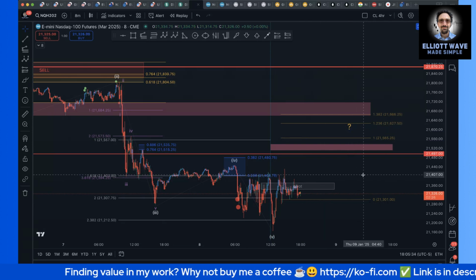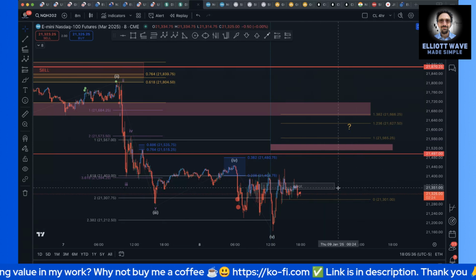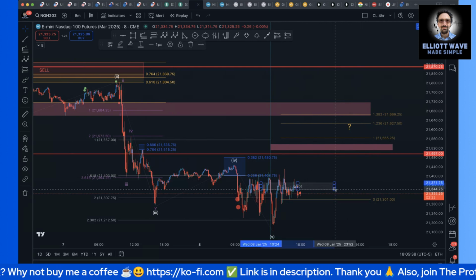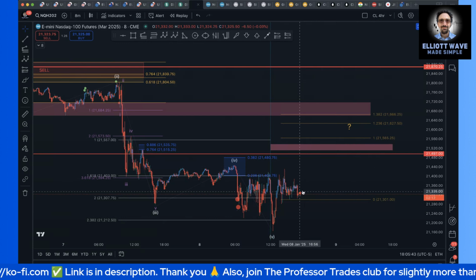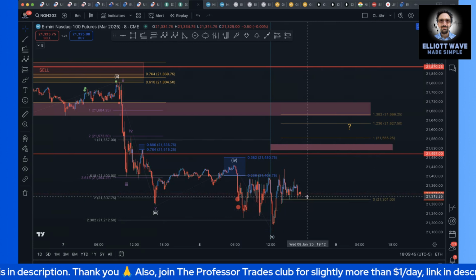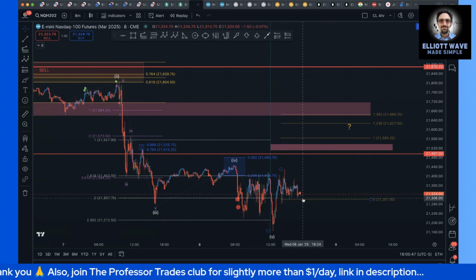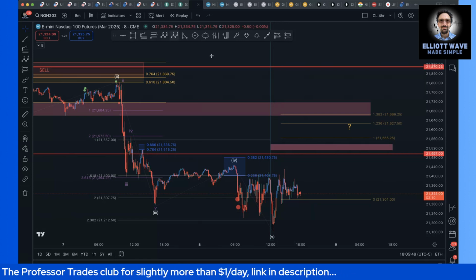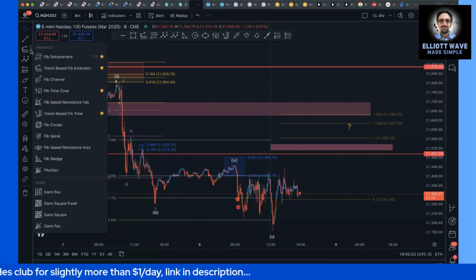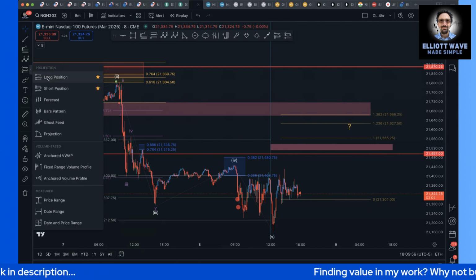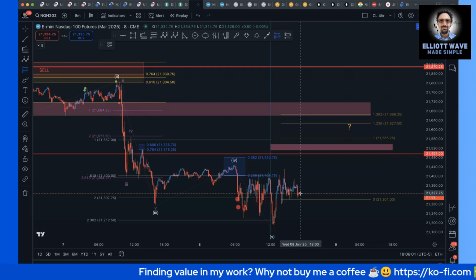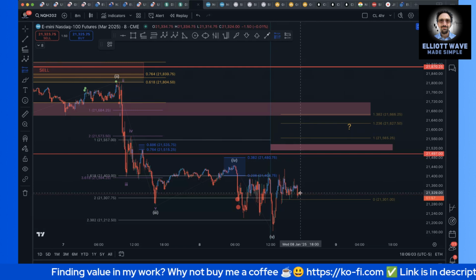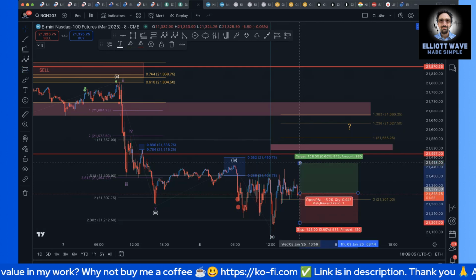So if you want to be long, this is not a terrible place to go long. Actually, right here, and if you want to have a tight stop, you can put it just below that last low. But over time, what I've learned from the professor, meaning Armando, is trade smaller and use wider stops. Now, I like to use stops based on structure, but let's just say you feel compelled to take a trade.